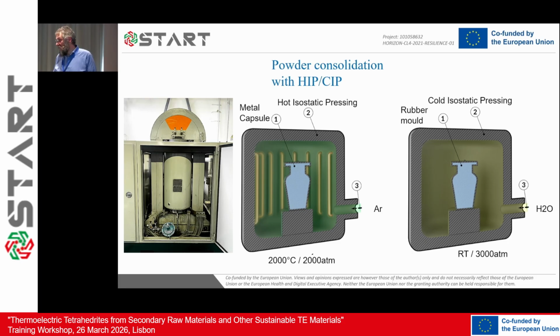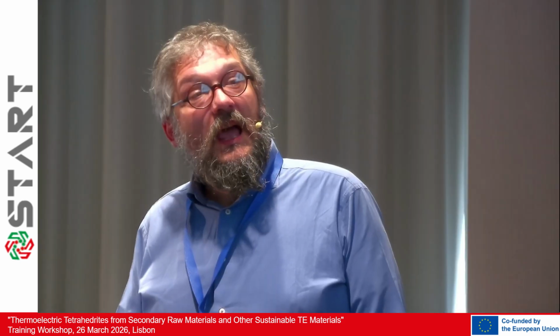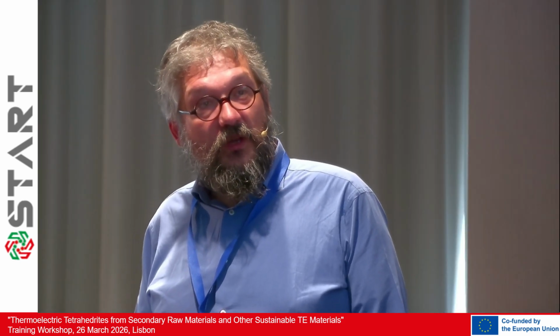For the cold isostatic press, also in rubber. And you increase the pressure in the hot case with argon. You can go up to 2000 degrees. In the cold isostatic press it is room temperature, filled with water. That's why you need a rubber. And we can go up to 3000 atmospheres.